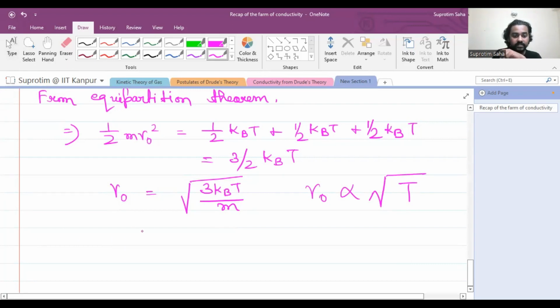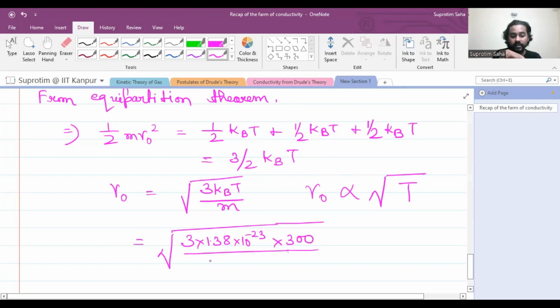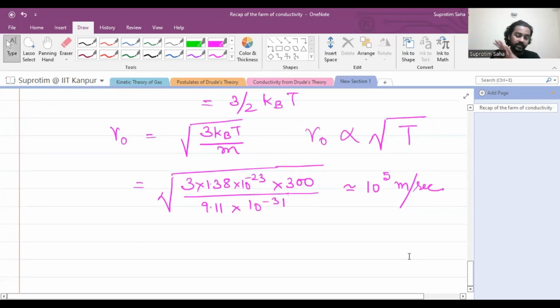So if we calculate this, this is 3 into 1.38 into 10 raised to minus 23, at room temperature, 300 Kelvin, and this is your m, which is 9.11 into 10 raised to minus 31. This comes of the order of 10 raised to 5 meter per second. This is what we get from using the equipartition theorem and the classical Maxwellian-Boltzmann distribution.